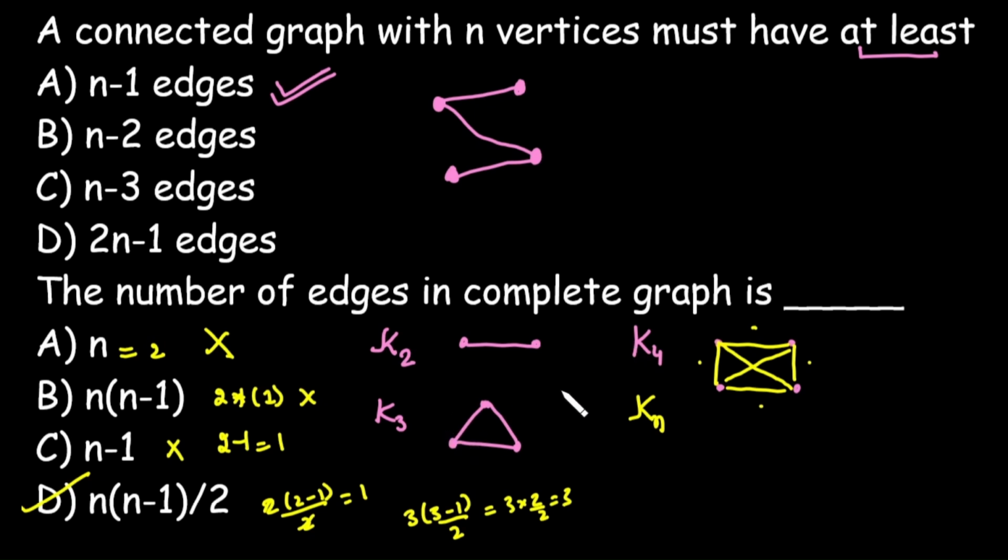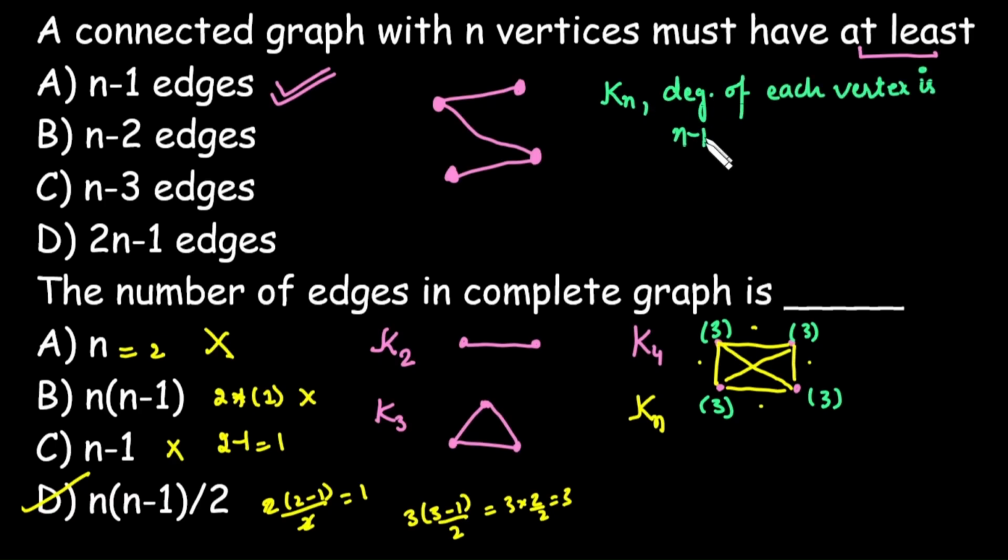In general, how do we remember the number of edges in a complete graph? What do we need to do? We need to find the degree of each vertex. Degree of each vertex in this case is 3. Degree means the total number of edges incident with that vertex. As in K4, the degree of each vertex is 3. It means in Kn, the degree of each vertex is n minus 1.